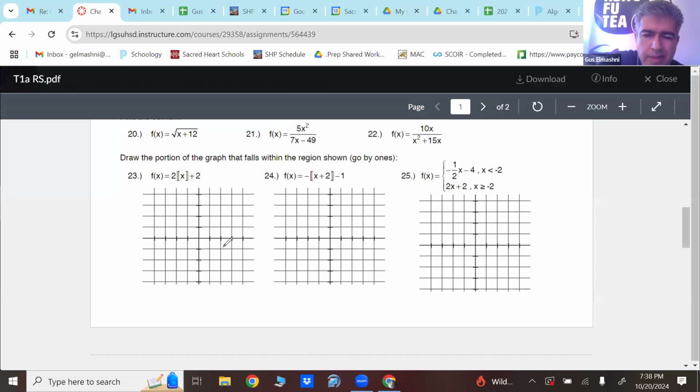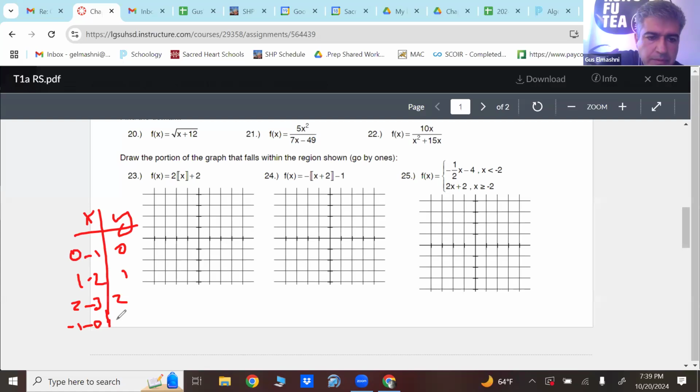These are tough ones because it's hard to do a table for them. But generally speaking, anything from 0 to 1 was 0, 1 to 2 was 1, 2 to 3 was 2, then 0 to -1 was -1.